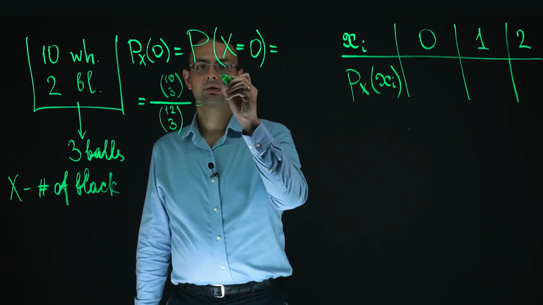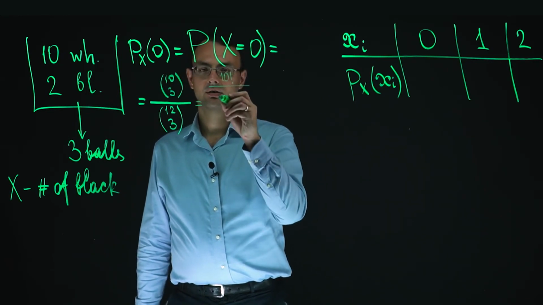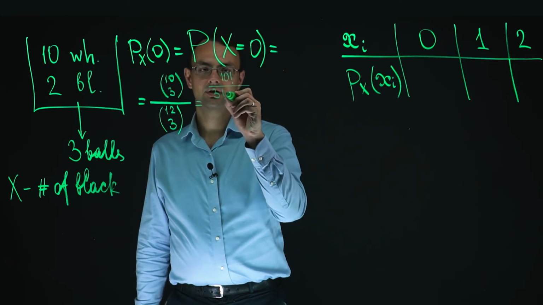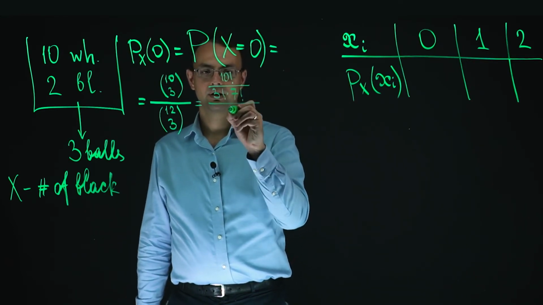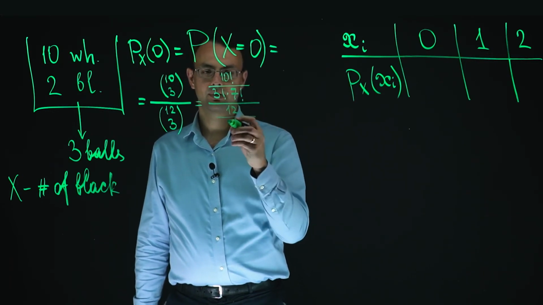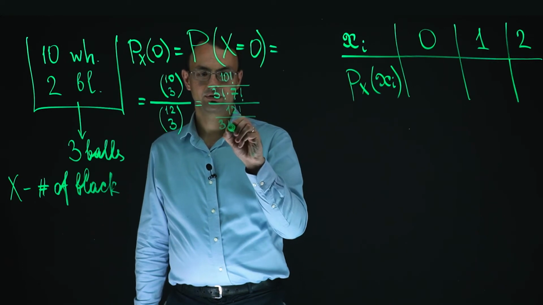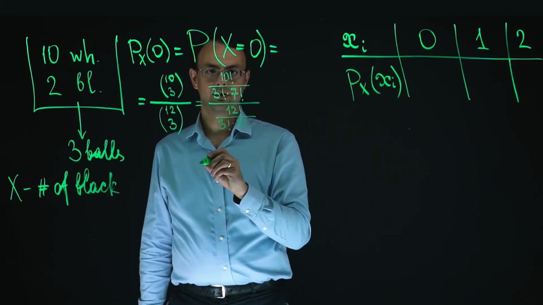Here I have 10 factorial divided by 3 factorial times 7 factorial, and here I have 12 factorial divided by 3 factorial times 9 factorial.